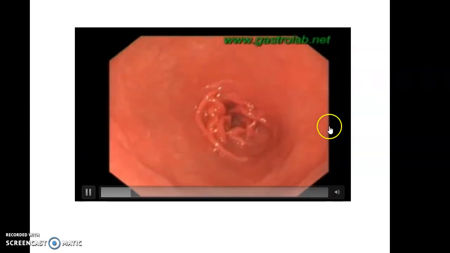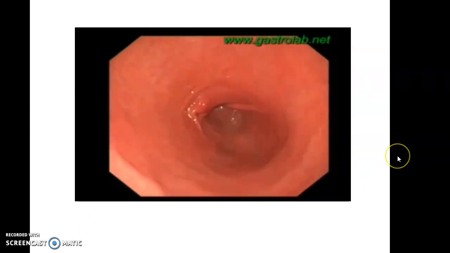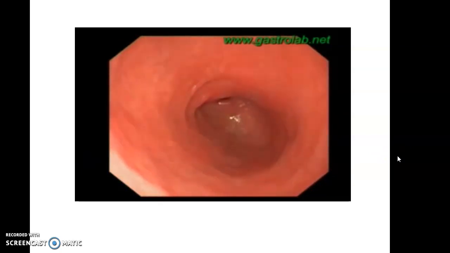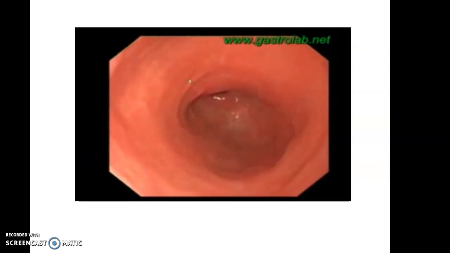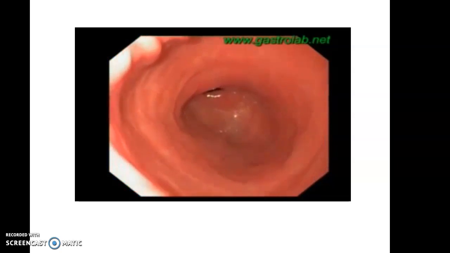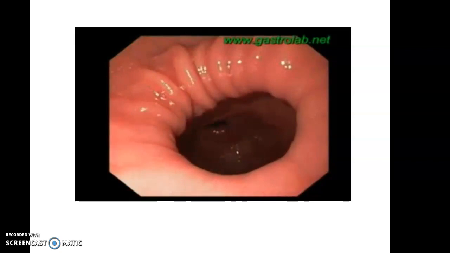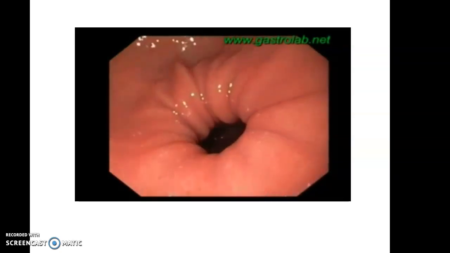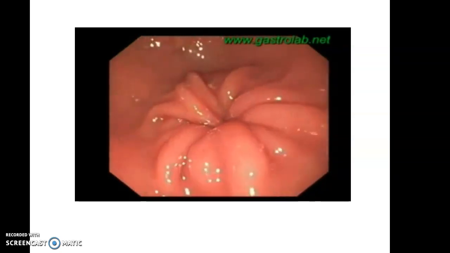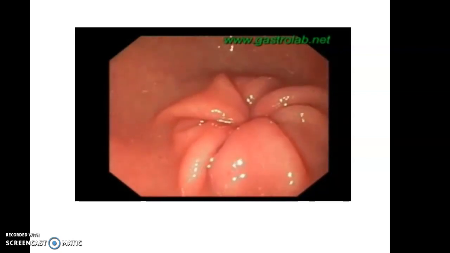Looking to the body of the stomach, way down there is the pylorus. Here comes the waves of muscular contraction. It's all shiny from the mucus.